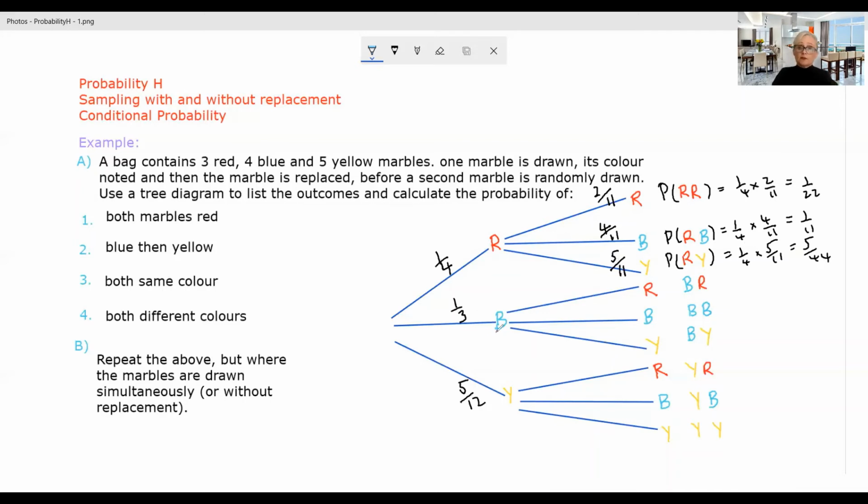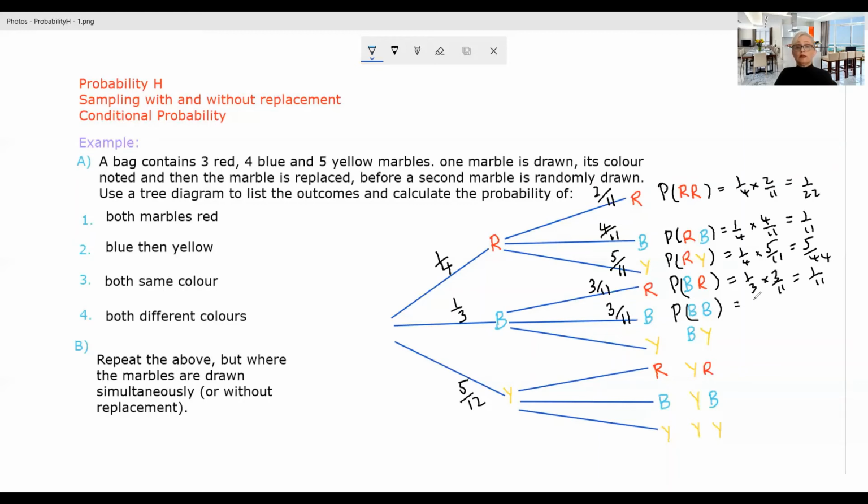Okay, if the first one is blue and you want to know the chance of the second one being red, well, you've got 11 left in there and 3 of them are red. So it will be a third times 3 on 11. The 3's cancel and you get 1 on 11. If the first one is blue, then you've only got 3 blues left out of your 11 remaining marbles.